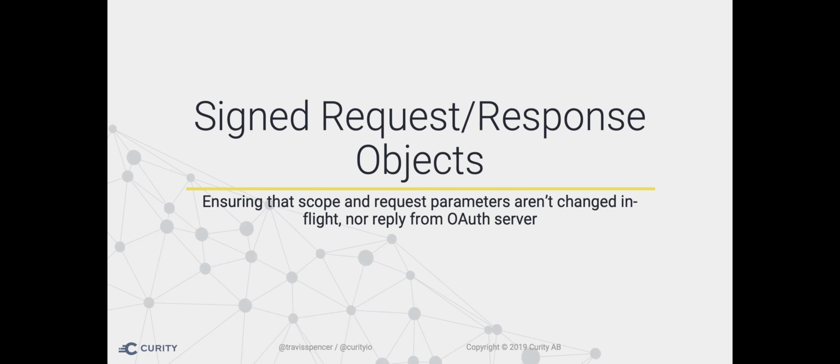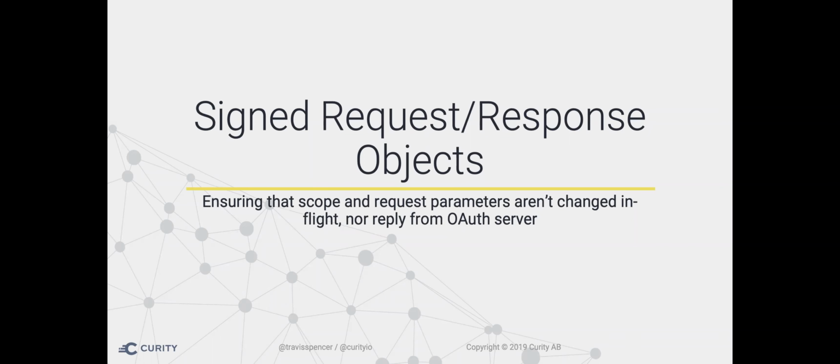But there are cases where maybe TLS has some flaw or some security vulnerability, or maybe the user has malware running on their machine or in their browser. So to protect against those man-in-the-middle attacks, one thing you can do is have the request signed and also the response sent back to the client signed so that it can't be tampered with.